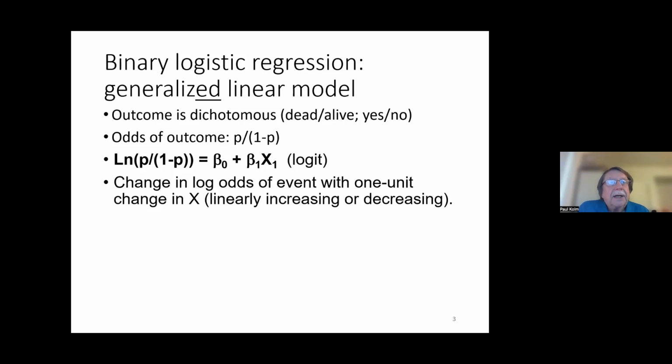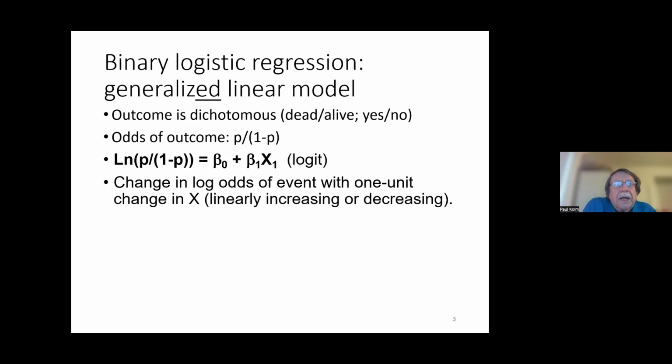And so now our dependent variable is actually the log, what we call the log odds or the logit. So the odds of an outcome, of course, is the probability of that outcome divided by 1 minus the probability of that outcome.